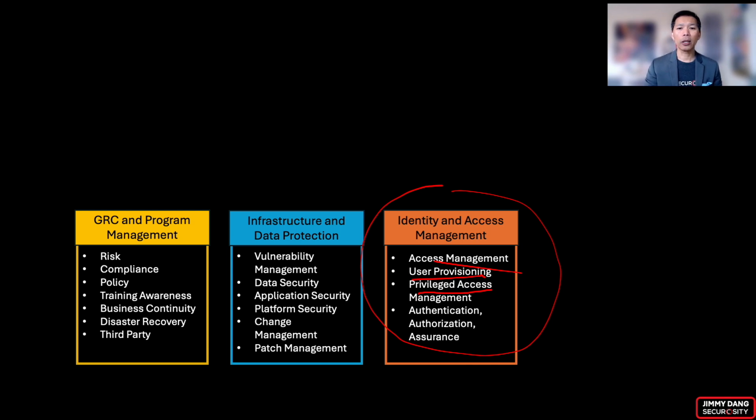Next up is privileged access management, which secures administrative and privileged accounts with stringent controls, monitoring, and auditing to prevent misuse and unauthorized actions. And finally, we have authentication, authorization, and assurance.